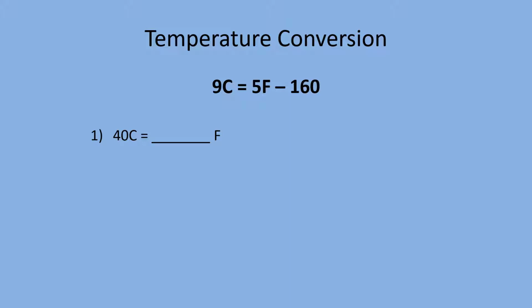All right, let's do the temperatures real quickly. So always start with the same equation: 9C equals 5F minus 160. For this one, anytime you see a C, we're going to plug in 40. All right, let's simplify that one.